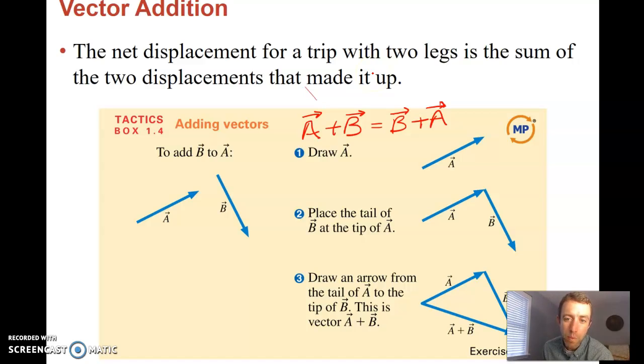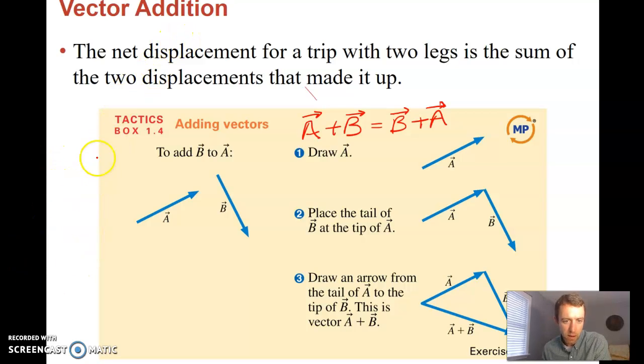So it says add B to A. Steps 1, 2, and 3 there show you how to do that, but if we want to add A to B, we would have to move some things around a little bit. You could do it the other way.